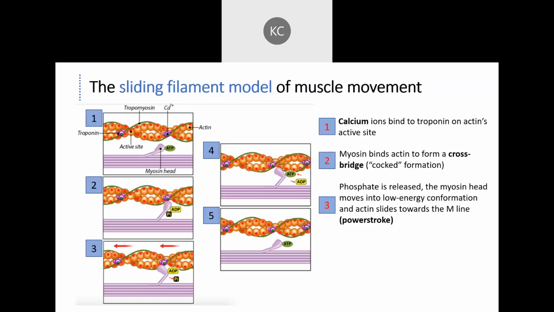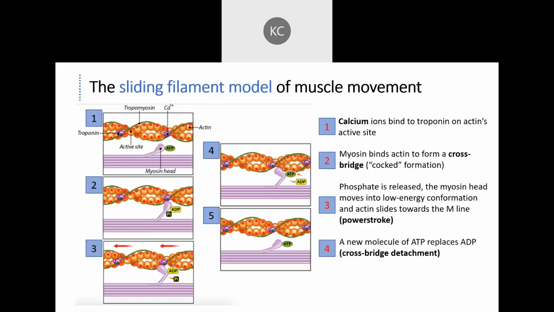So it's really the actins that are moving, and it's just the myosin head that's pivoting to allow it to move. Okay, so whenever you have your myosin head in this cocked position, and then it swings and pulls the actin, this is called the power stroke. Some books you'll see it called the working stroke, but I like the term power stroke more.